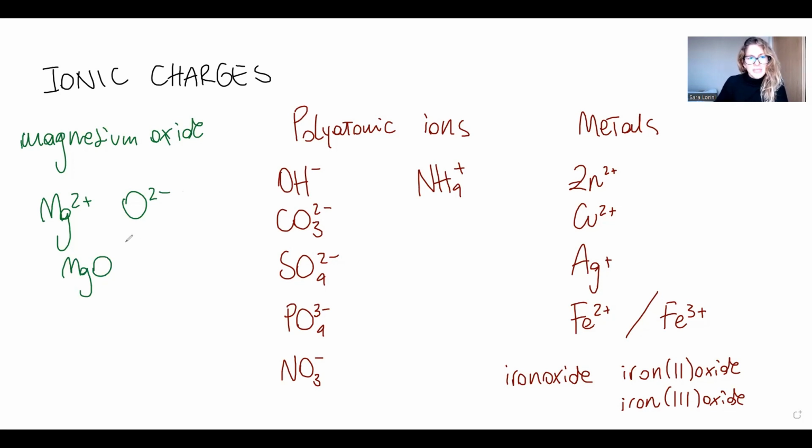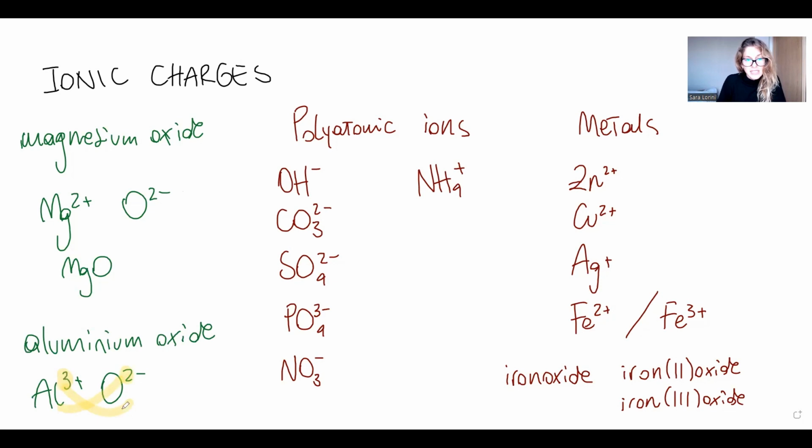That one is easier, but we could have more difficult ones, like aluminium oxide. Aluminium is 3+ and oxygen is 2-, but the charges don't balance straight away. So we can use the drop and cross method, where the charge of one atom becomes the number of the other.